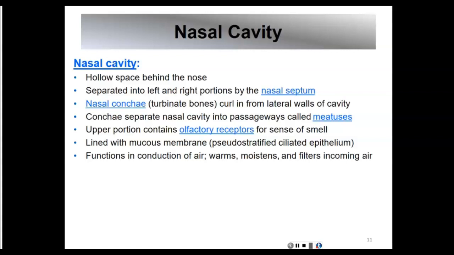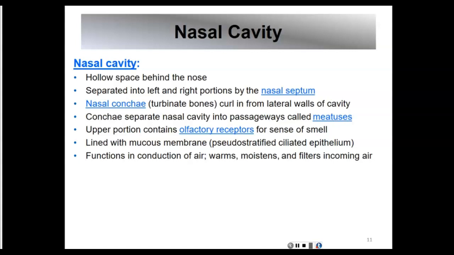The nasal cavity is a hollow space behind the nose. It's separated into the left and right portions by the nasal septum. So that's in the middle, but on the outer wall of the nasal cavity is the nasal concha.